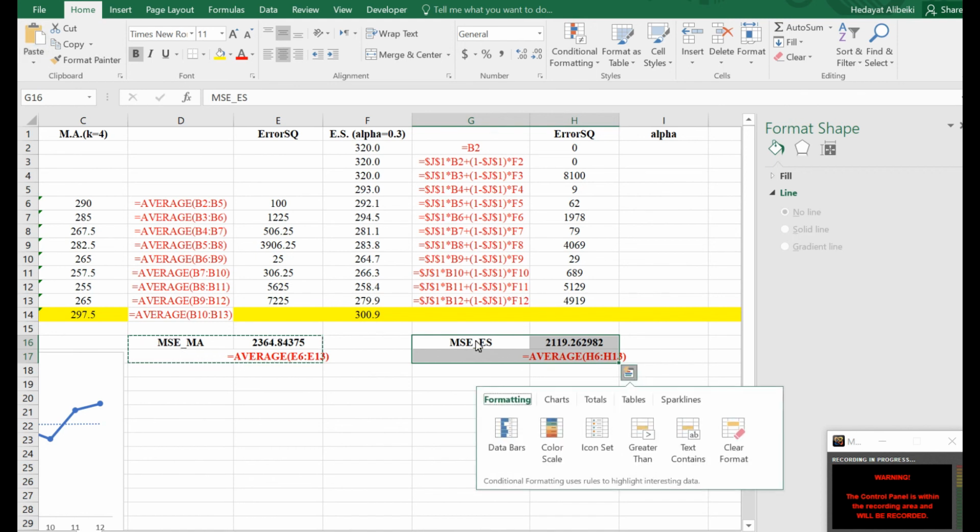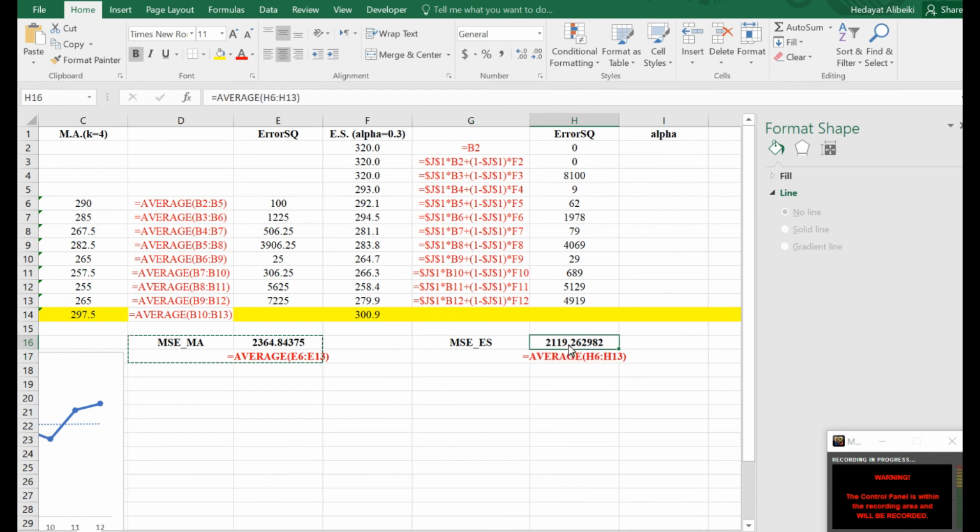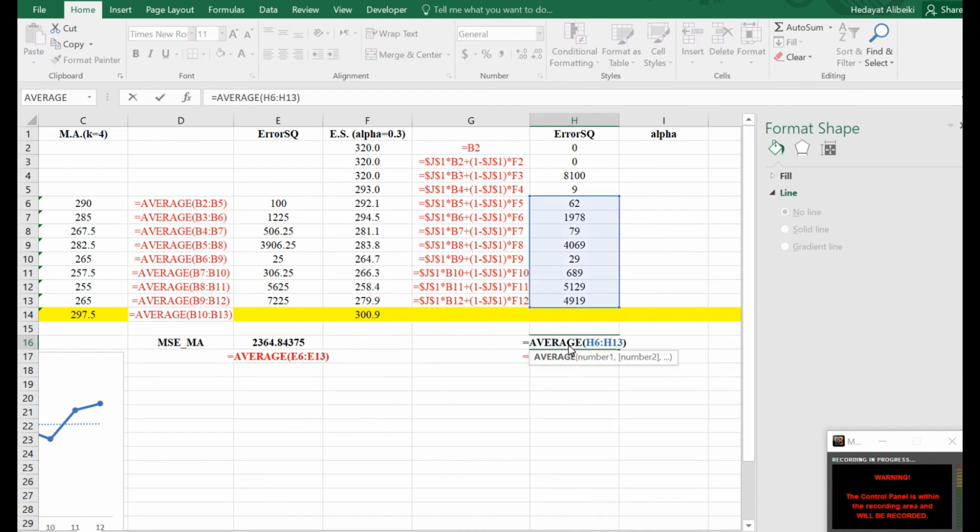If you double click on this, you'll see that it's the average of the same corresponding cells. It's the average of H4 to H13, which gives you the average of periods 5, 6, 7, 8, 9, 10, 11, and 12.